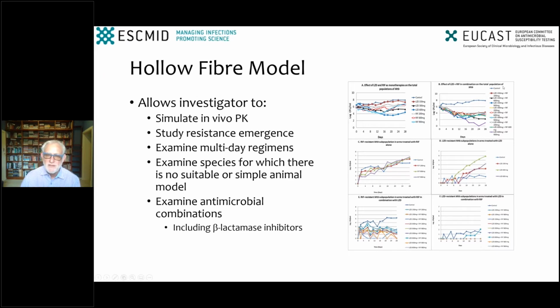And here's the complex input. You can see the scale here has changed from hours to days. So here, the hollow fibre model has the ability to track an organism like Mycobacterium tuberculosis, for instance, over a period of 28 days.